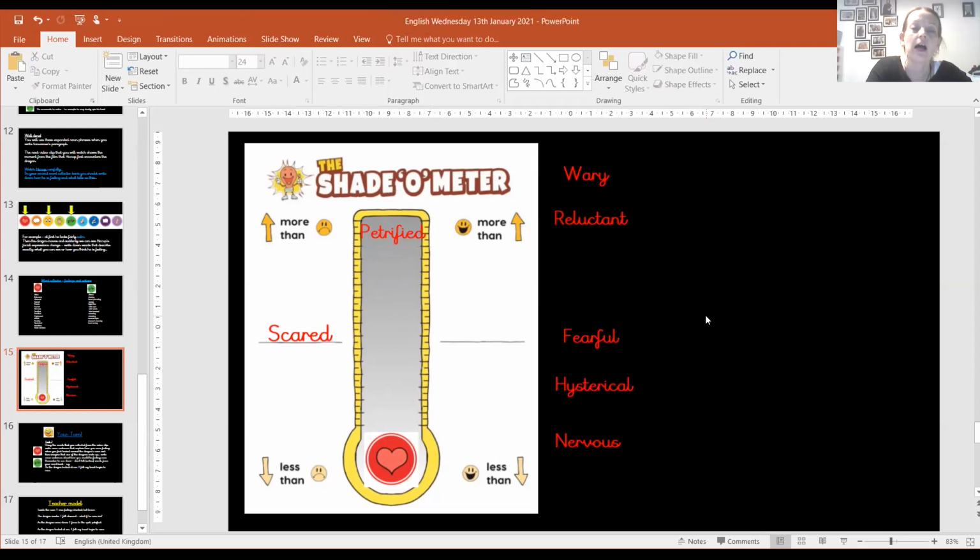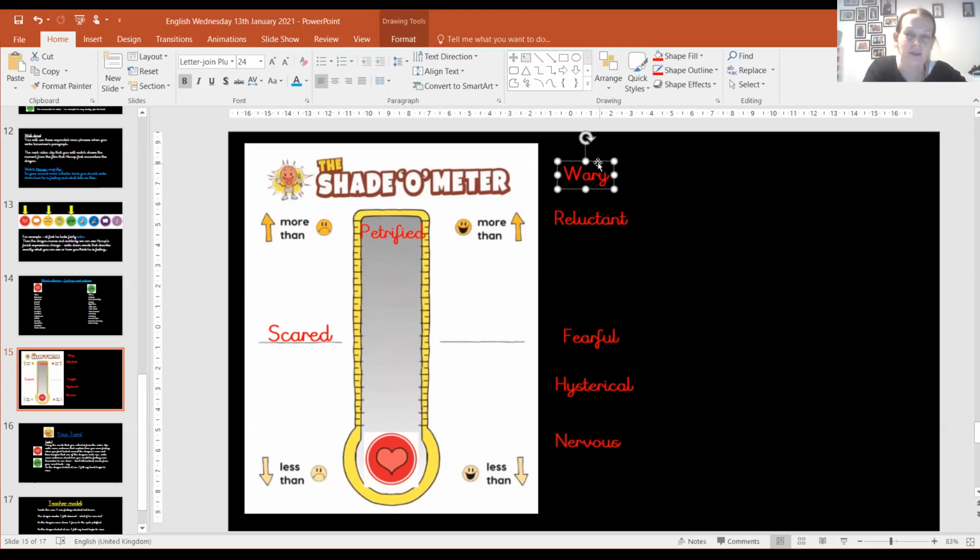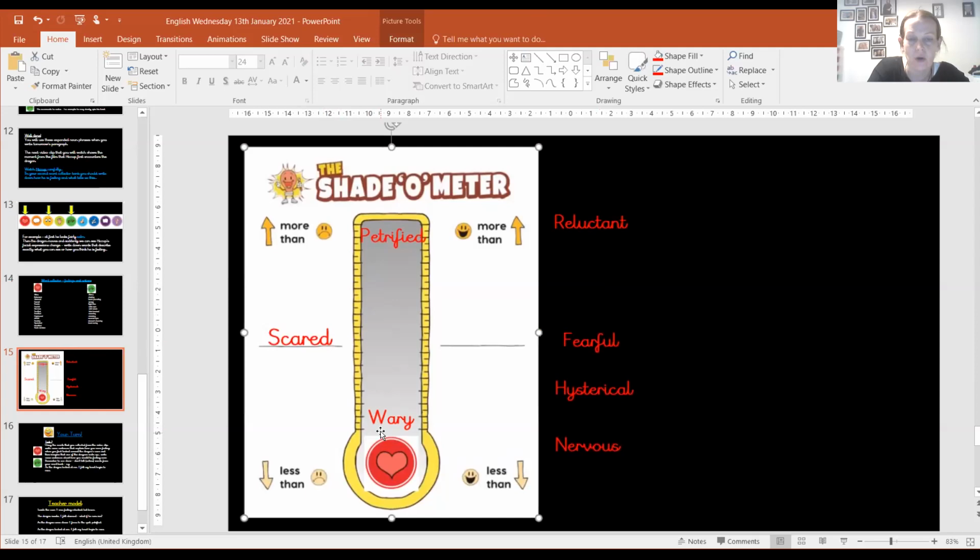It's much stronger emotion. Now, at the beginning, and especially when you're thinking about the boys in the cave, when they first come into the cave, before they saw the dragons, they were feeling quite wary. Wary is not quite scared. They're a little bit anxious, they're a little bit nervous, but it's not quite scared. So I'm going to put wary at the bottom of the shadometer. It is a degree of scared, but not quite scared.